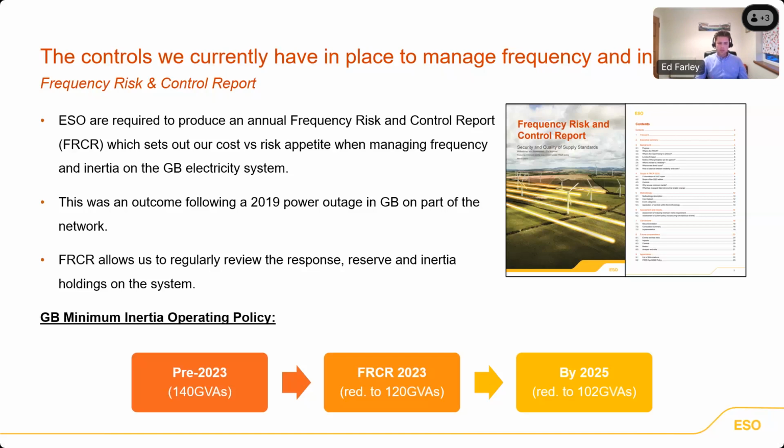Where we are currently is somewhere between the 140 and 120 positions on this transition. So the current minimum operating threshold for inertia in GB is 130 GVA seconds. So you'll see me reference that later in the presentation, but there's a commitment to reduce that further.